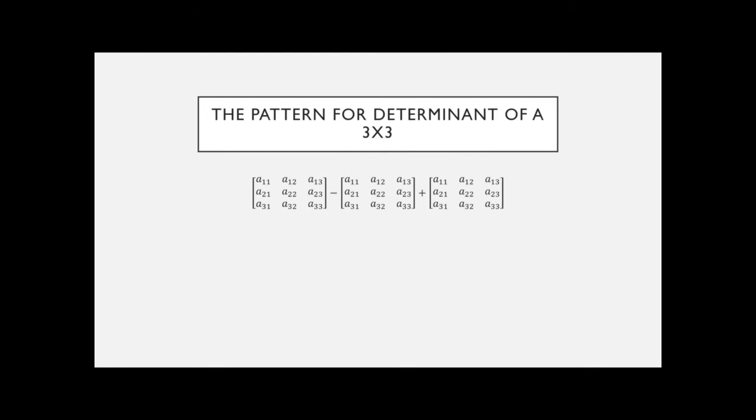So basically, I remember that I have positive, negative, positive. And I always think about it, if I have a 3x3 matrix, I'm crossing out the first row, first column, first row, second column, first row, third column. And then you're multiplying by the numbers at that cross-section point.